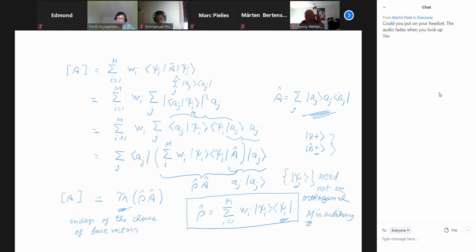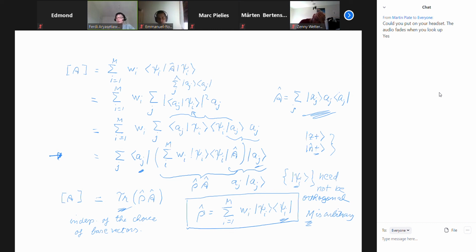In this derivation we have chosen these states aj to be the eigenvectors of A, but because this is in the form of a trace, we don't have to use the eigenvectors of A when we calculate this ensemble average.